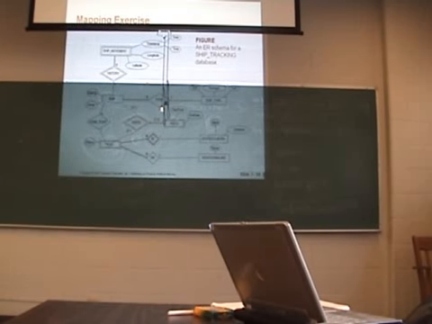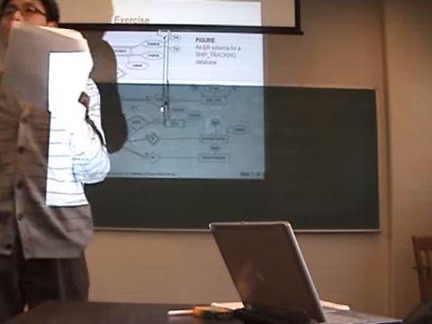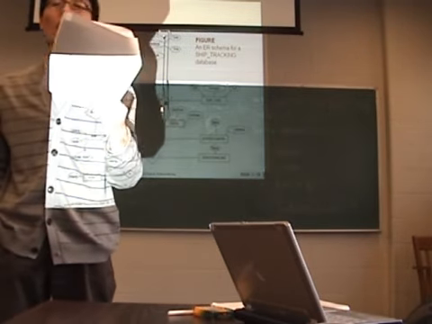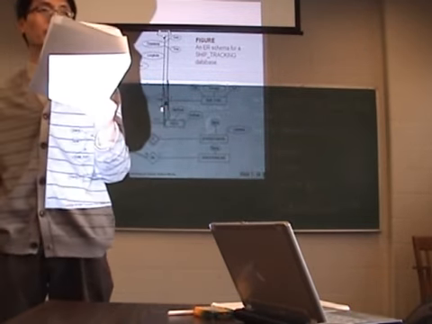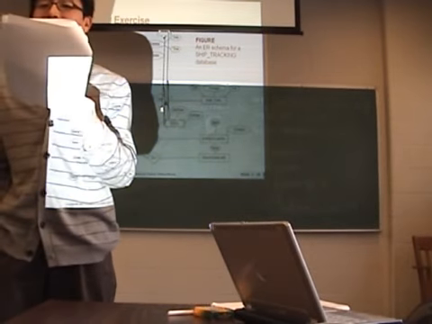Second option, how many relations can you create? 3: car, truck, and SUV. What is the primary key of car? VIN. Okay, then what are the attributes? Price, model, and engine size.